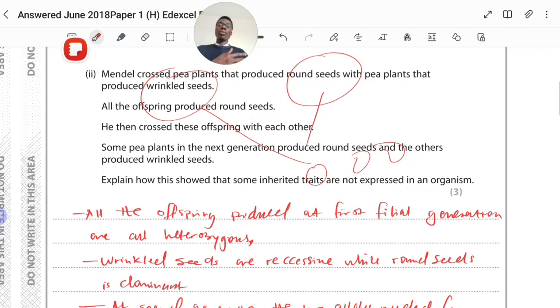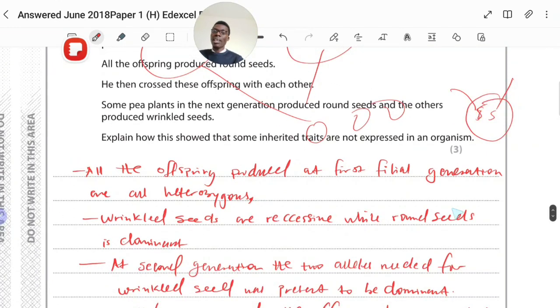However, say for example, my wife also has the allele for being short, which is recessive in her. If I combine my allele for being short plus her allele for being short, we'll give birth to a child that's going to be physically short. Because anytime you have a recessive allele, when the alleles combine, then you're going to have a trait that's going to be phenotypically present. So he says here, the wrinkle seed are recessive while the round seed are dominant.